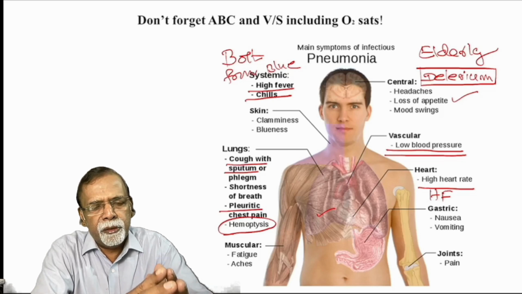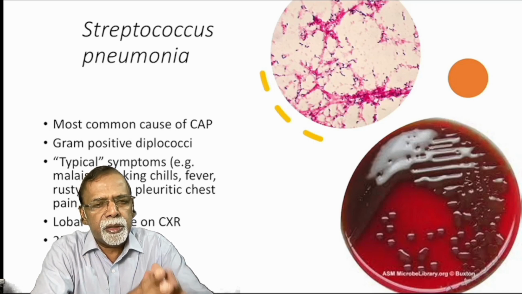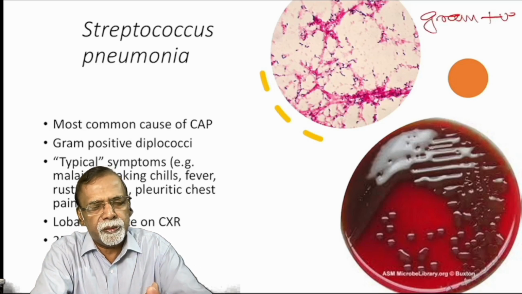As I already said, 50 to 70% of cases of community acquired pneumonia are by Streptococcus pneumonia, the most common. It is produced by gram-positive diplococci, and the symptoms are typical. Textbook description: shaking chills, fever, rusty sputum and pleuritic chest pain.